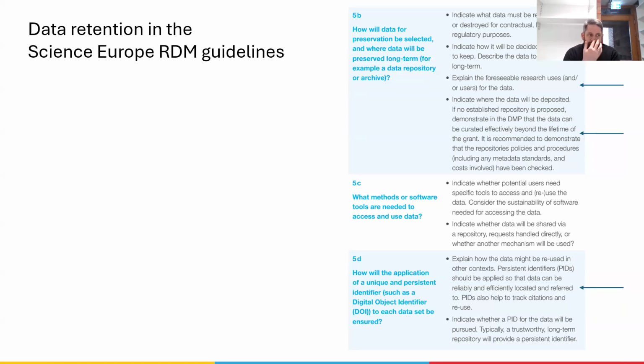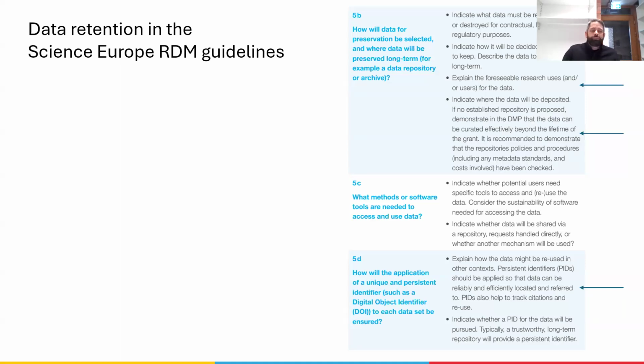It provides details of which versions will be retained or destroyed, and explains the rationale. It provides details of how the selection is made and what possible interest there will be for reuse. It provides details on how the data and other required technologies, such as copies of software, specific versions of that software, will be archived in the long term.